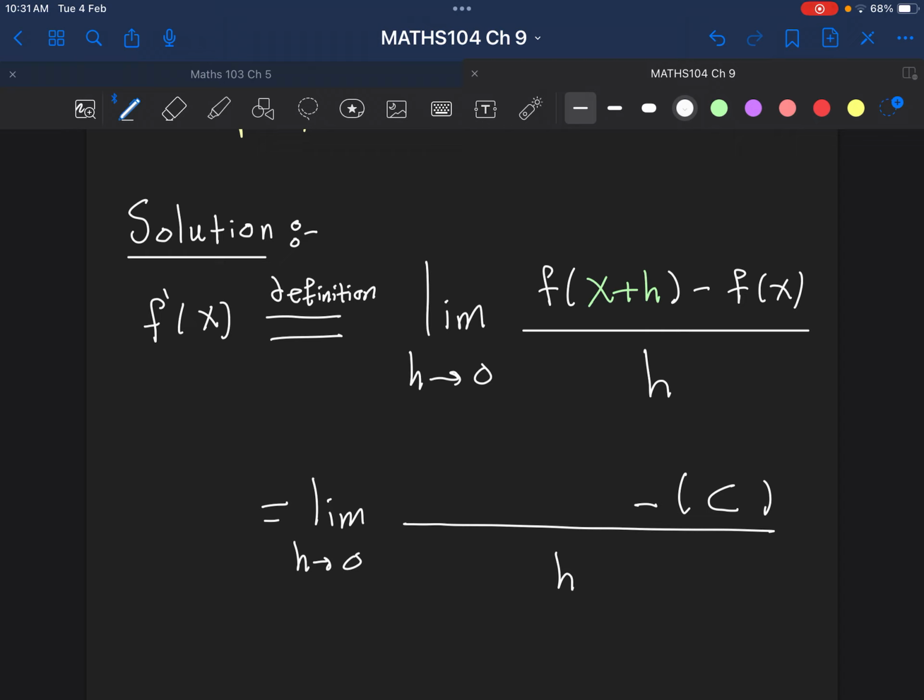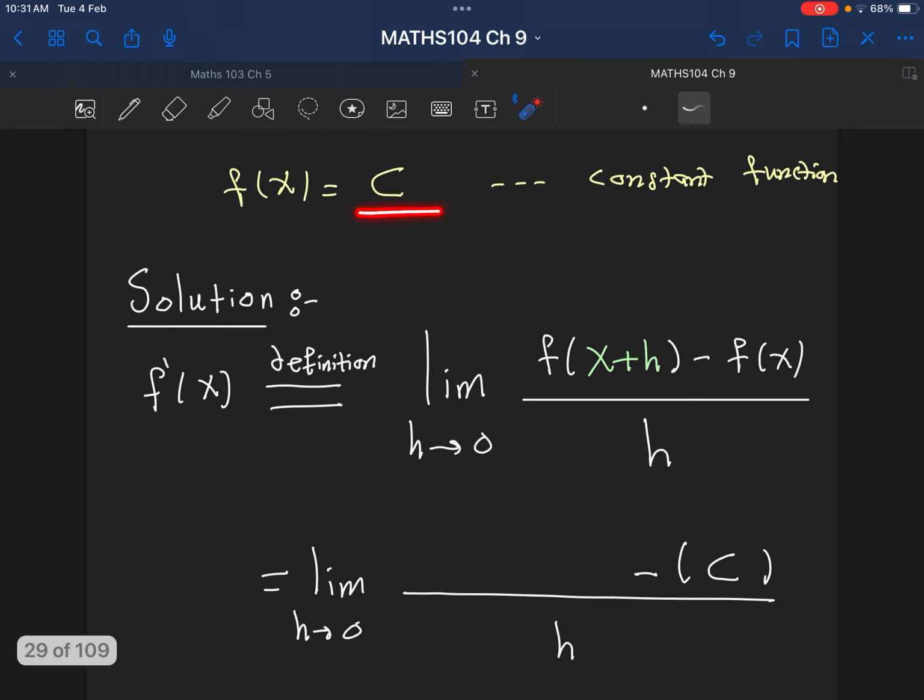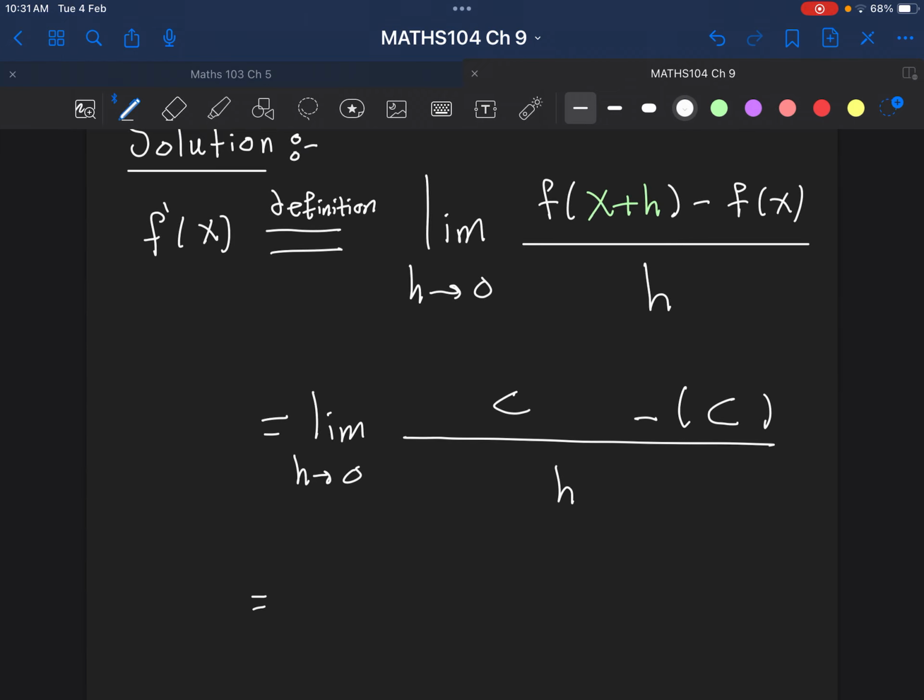It's only given to me c. There's nothing else. Now, what do we need to write here at the beginning? Here, we go to the function. If we see x, we replace it with x plus h. That's it. But I don't see any x. So I will change nothing into x plus h. So what's remaining will be c. Good.